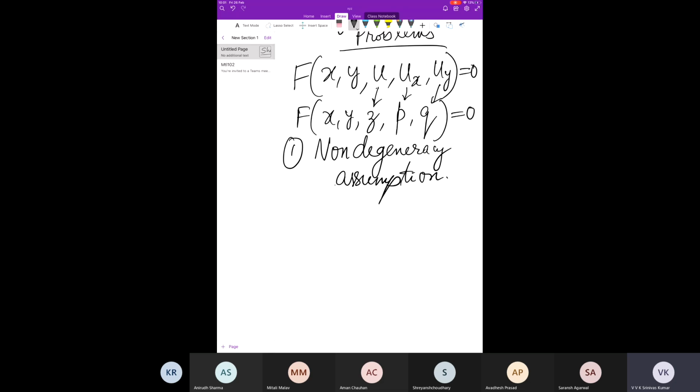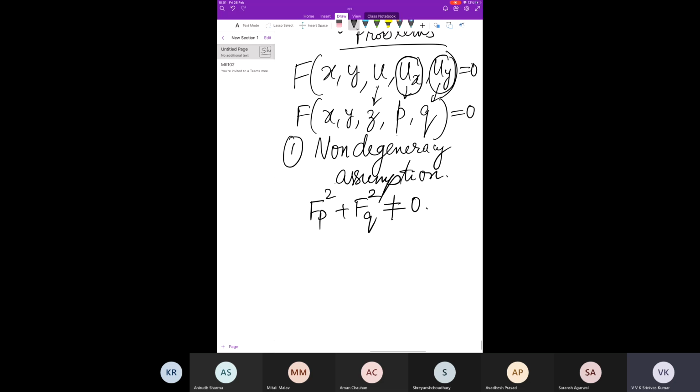Under what assumption is this equation first order? We should have the derivatives ux and uy terms in this. So what is the non-degeneracy assumption? That fp squared plus fq squared is not equal to 0.